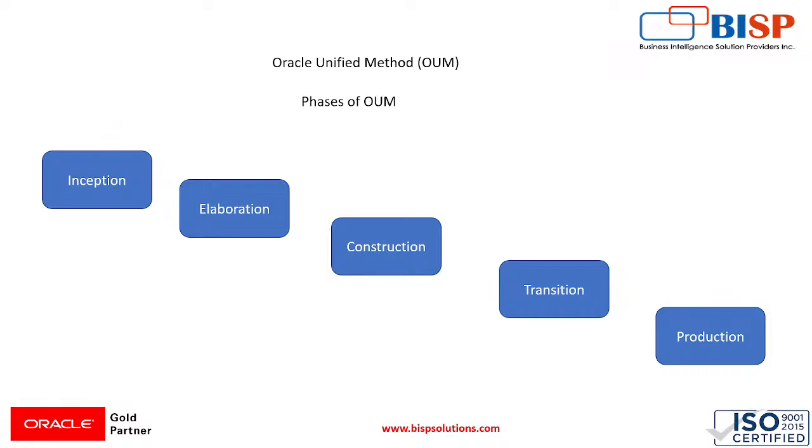We have to see whether the output we were receiving from QuickBooks, the same output expected by the business user, is being given by Oracle or not. If any error comes, we have to ensure there are nil errors during optimization. So these are the five phases of OUM.